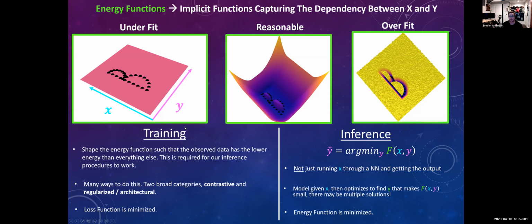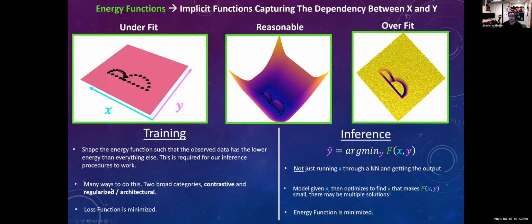And so the job of the learning algorithm of training is going to be to bend this energy surface in such a way that we're giving low energy to things that are close to the manifold of data. So giving low energy to the stuff we care about and higher energy to everything else. And we're going to pick a loss function that's going to help us do that.